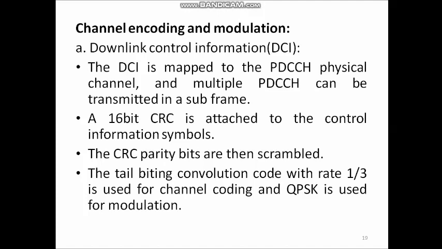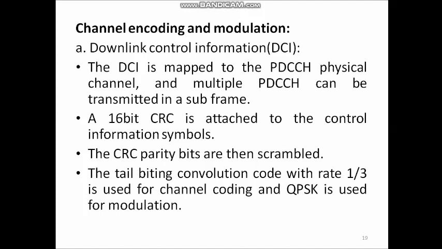Okay, next we will see the coding and modulation processing that are used for different control channels. So, first let us consider downlink control information DCI. The DCI is mapped to the PDCCH physical channel, and multiple PDCCH can be transmitted in a subframe.